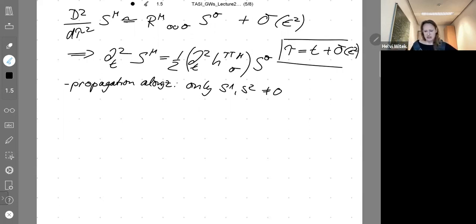So what I would like to do next is actually solve this equation explicitly. And what I will do is consider a ring of nearby particles. So this will lead to the plots that you may already be familiar with. It's just a quite convenient way to study this.